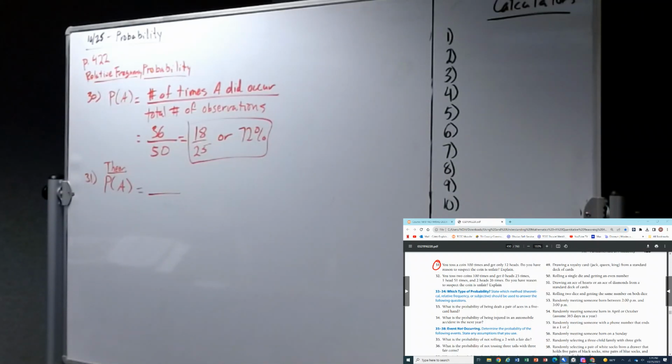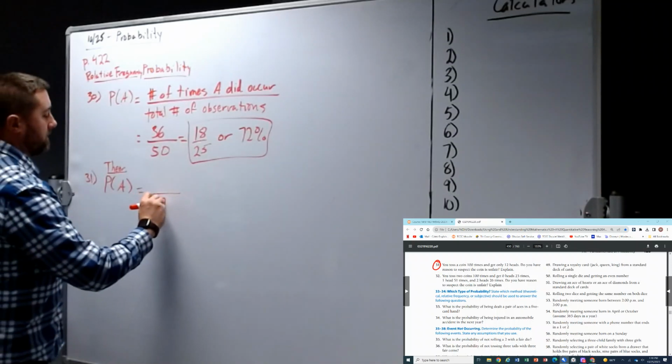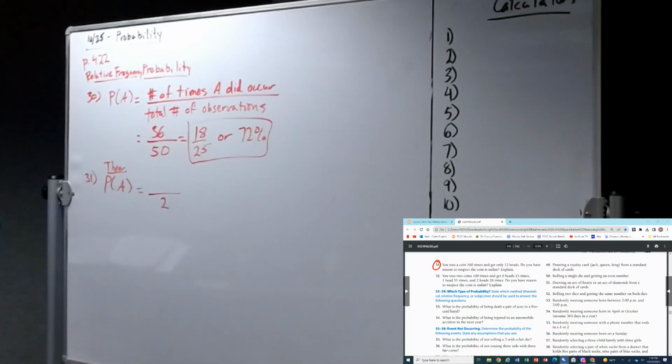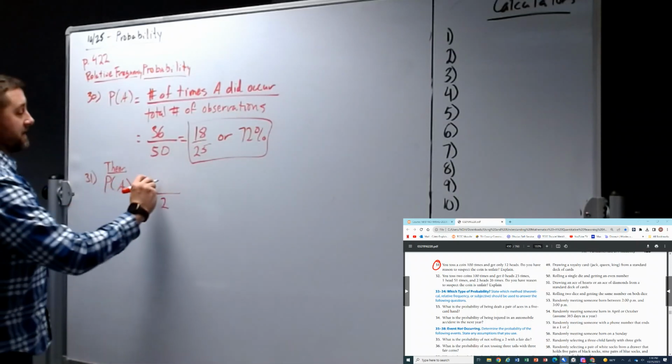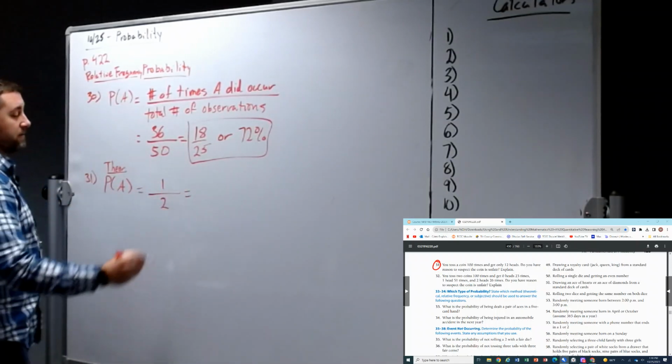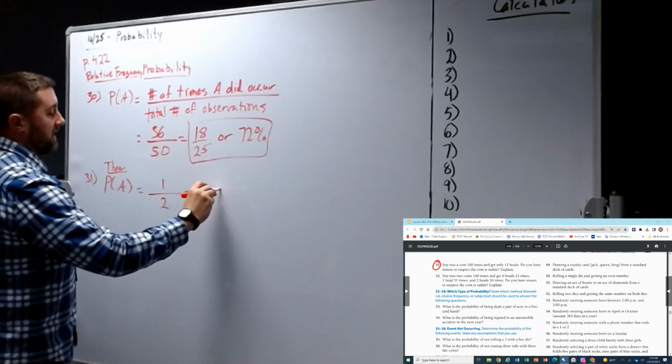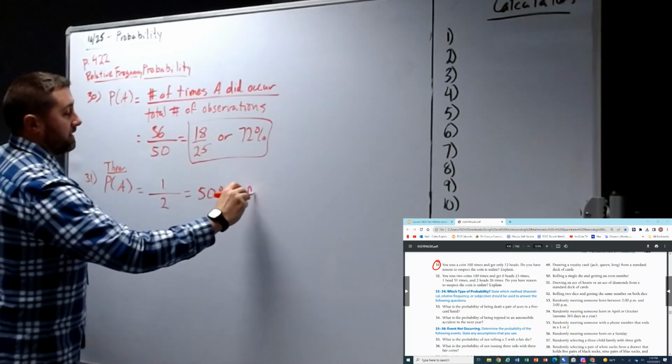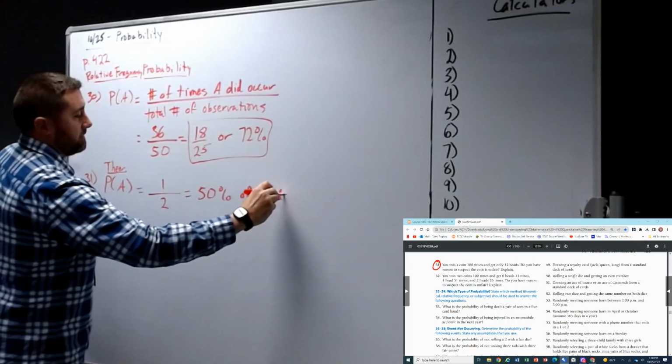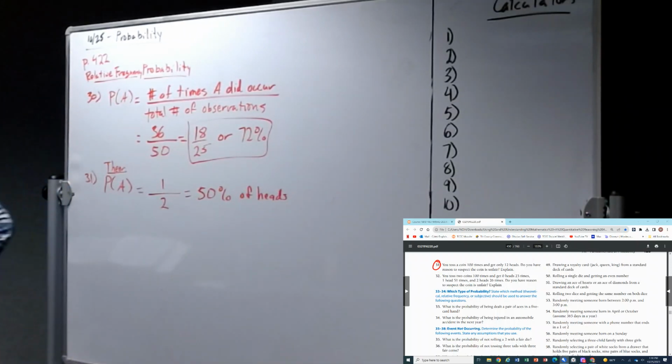If you're going to flip a coin, how many possible ways could it land? 2. If you're just looking for heads, that is one of the ways it could land, right? So that means that anytime you flip a coin, you should have a 50% chance of it landing on heads, right? Okay. That is, of course, assuming it is a fair coin.